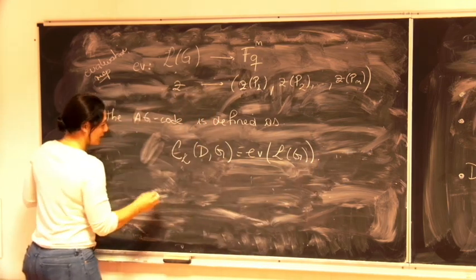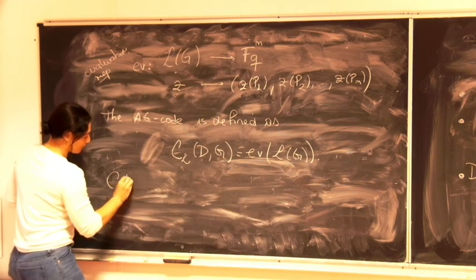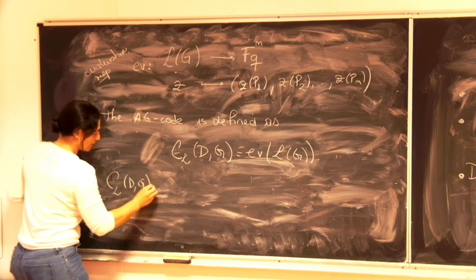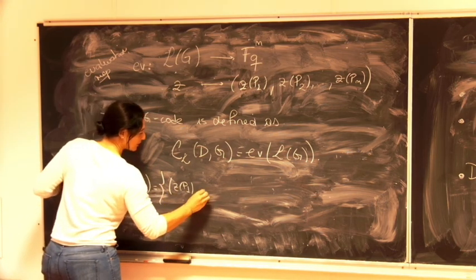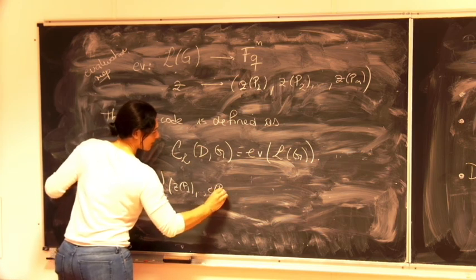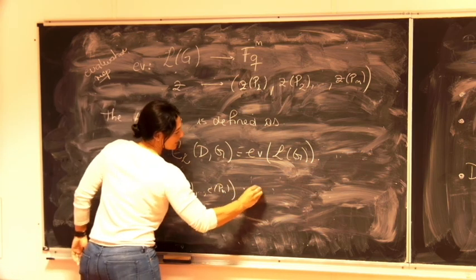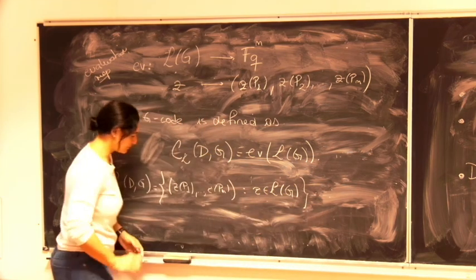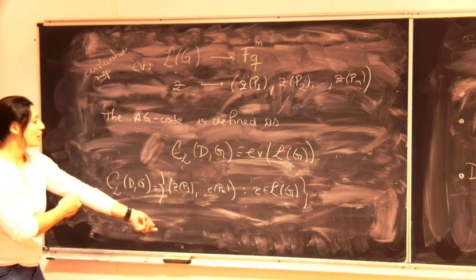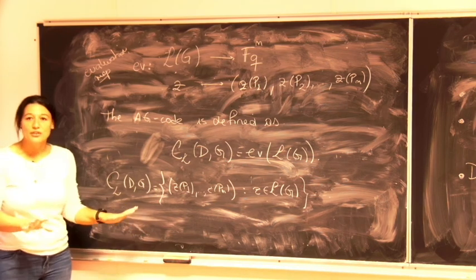So actually, the code is going to be (c(P1), ..., c(Pn)) such that c belongs to the Riemann-Roch space of G. And so this is just the definition.